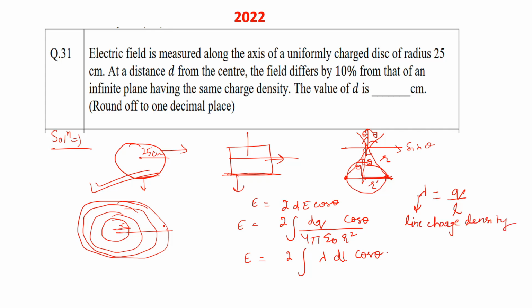So it is lambda dl, and this is 4 pi epsilon naught r square, right? And you know cos theta is equal to base upon hypotenuse. Base is d, and the hypotenuse is r. So it is d by r.